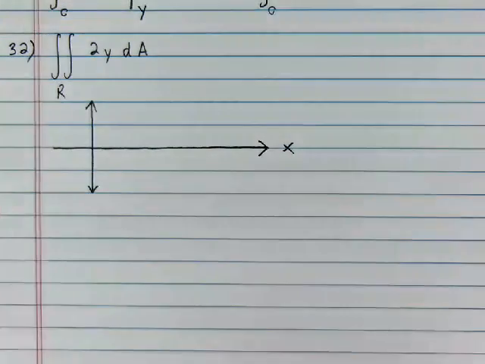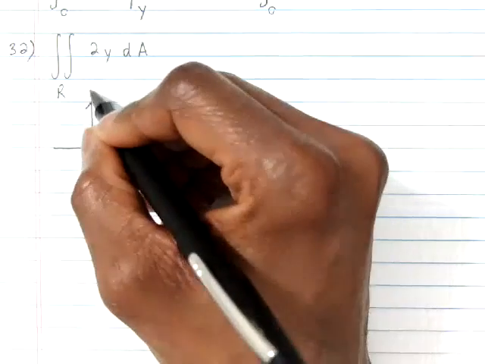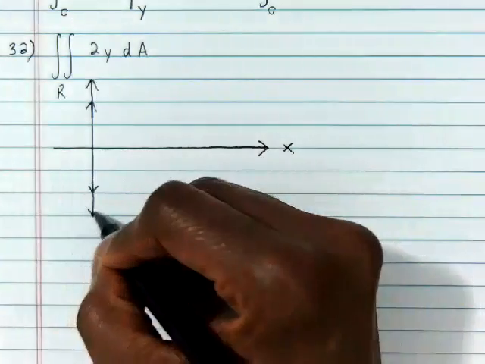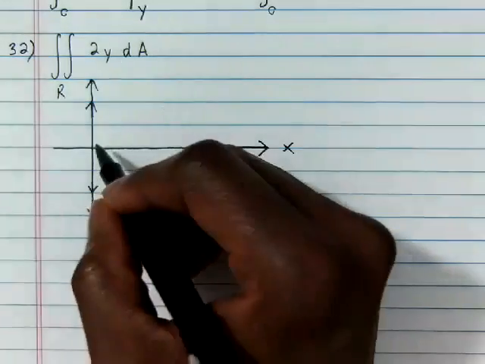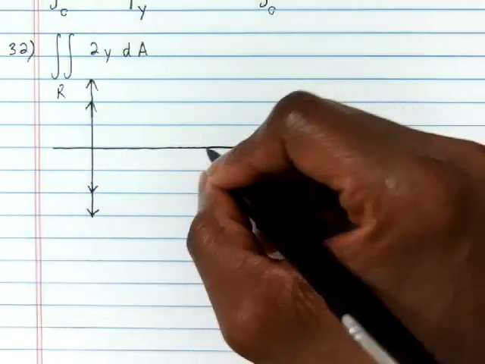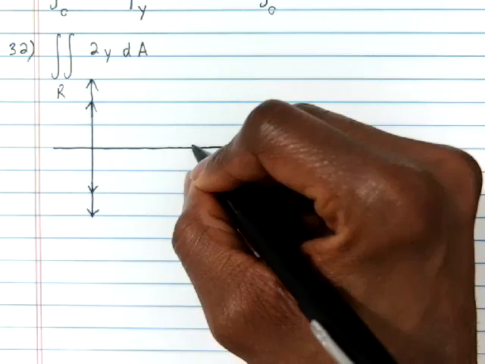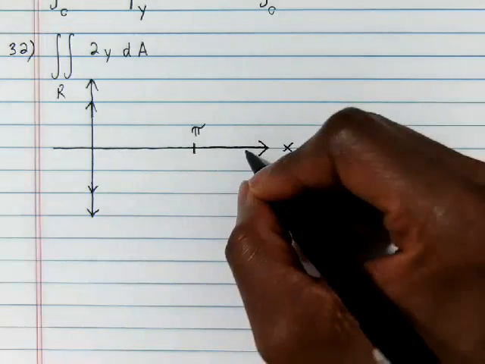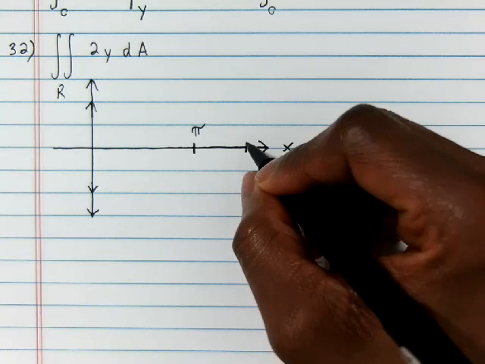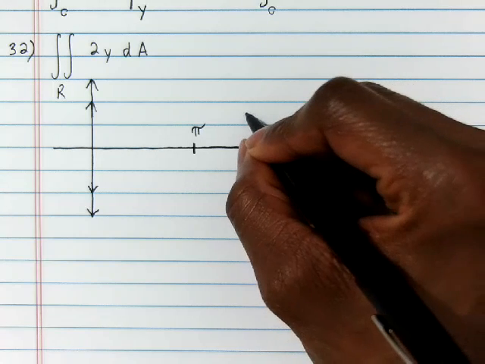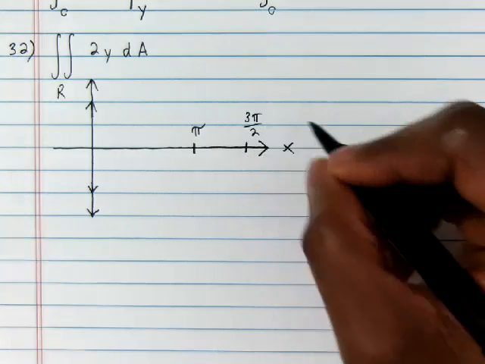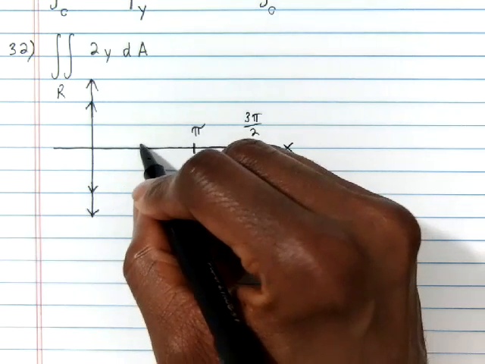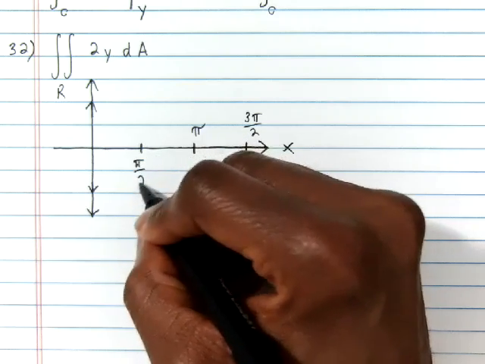All right, let me give myself a little more space to work with here. So now sine, let's see, put pi right here, and then 3 pi over 2 right here, and then pi over 2 right there.